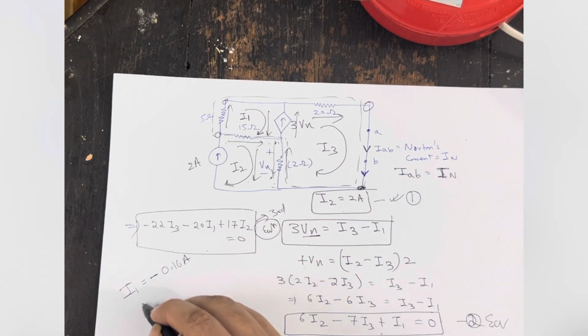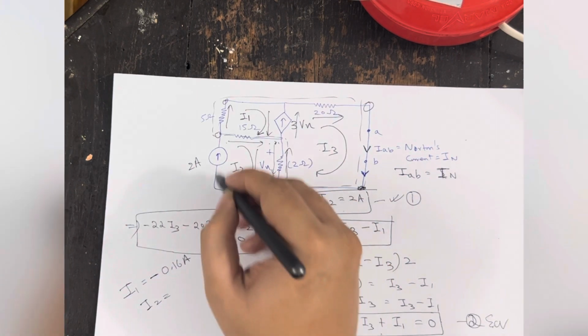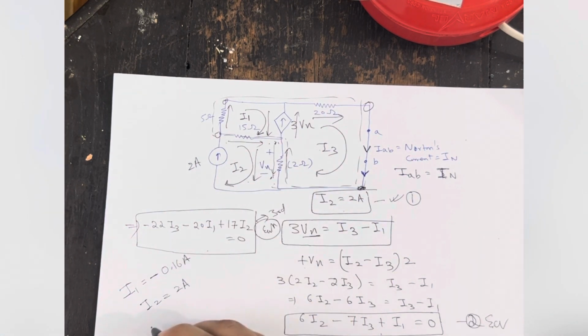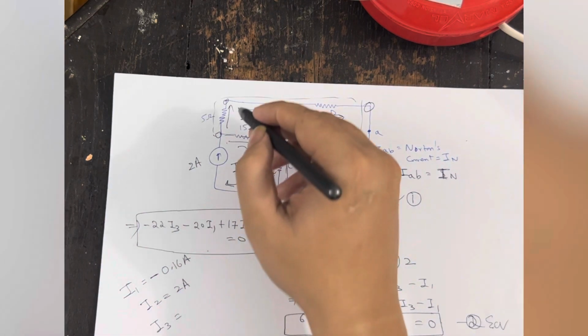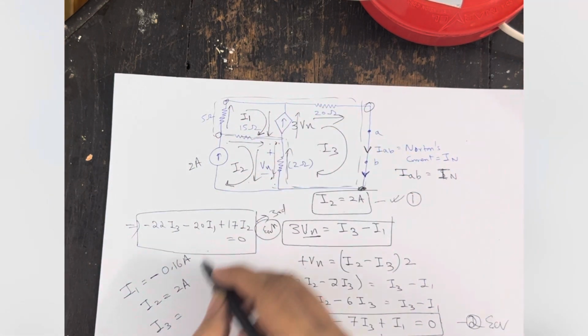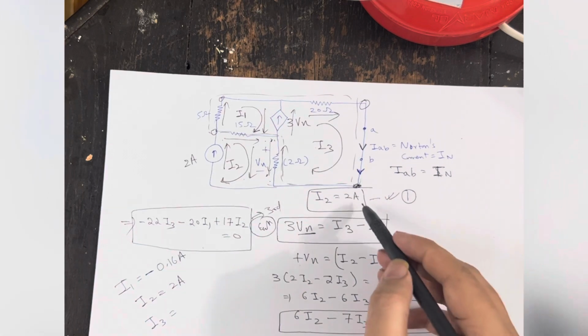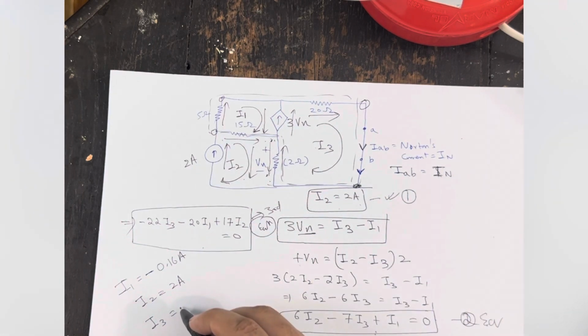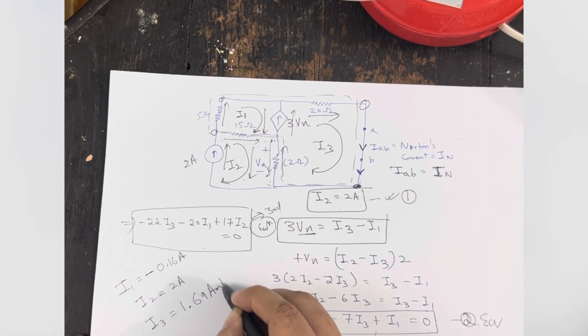I2 will be equal to 2 amperes, which we have already found, and I3 will be equal to 1.69 amps.